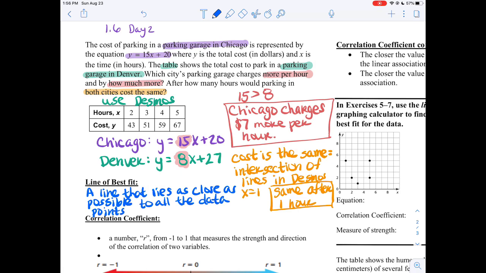And we can say that that's on a scatter plot because we created a scatter plot from that data. All right, we are done with our first example.